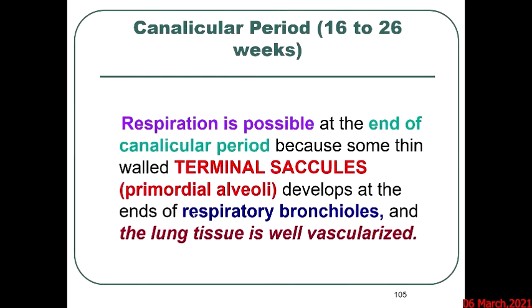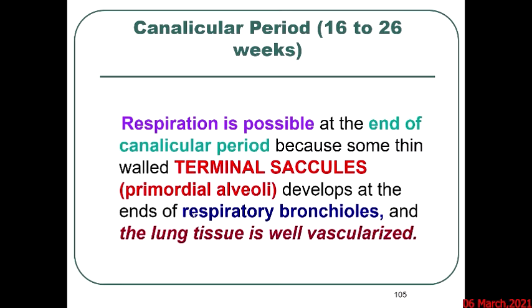So respiration is possible at the end of the canalicular period, because some thin-walled primary terminal saccules are also formed. Saccules are the primordia of alveoli, develop at the ends of respiratory bronchioles, and the lung tissue is well vascularized. So at the end of the canalicular period, respiration is possible, but should be given enough effort.